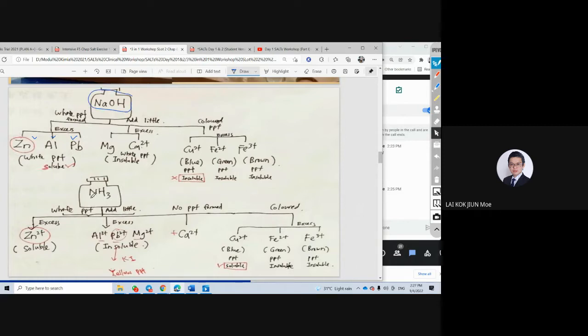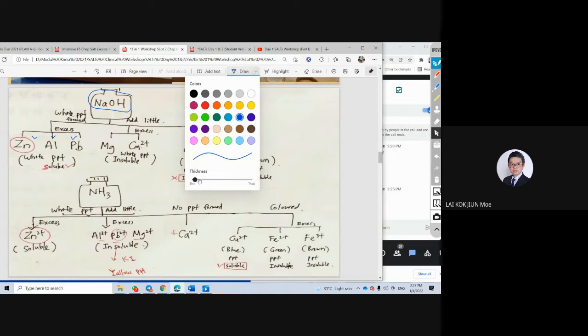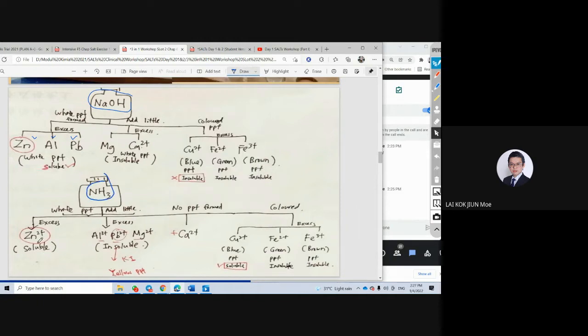But be careful. For ammonia, zinc is soluble, but not aluminium, not Pb. See, insoluble already. So I say zinc is the best student. So zinc is number 1. Aluminium and Pb are the second and the third.